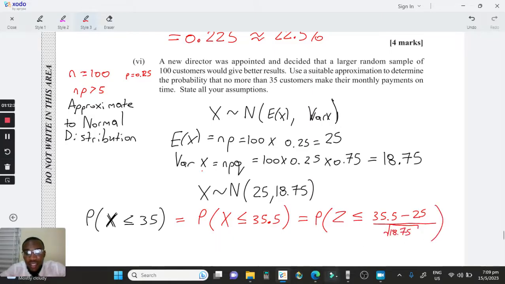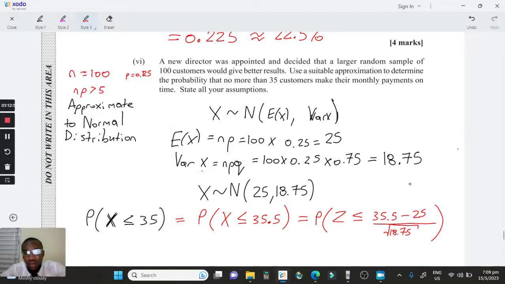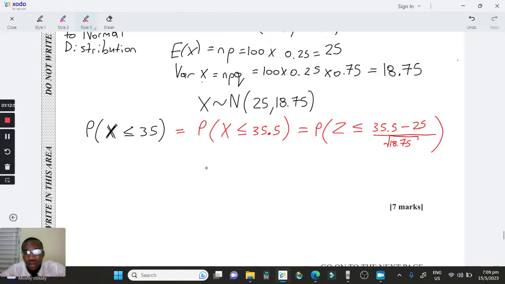I'll put that in our calculator. 35.5 minus 25, and we divide it by the square root of 18.75, and we get 2.42. So this is now equal to the probability z is less than or equal to 2.42.